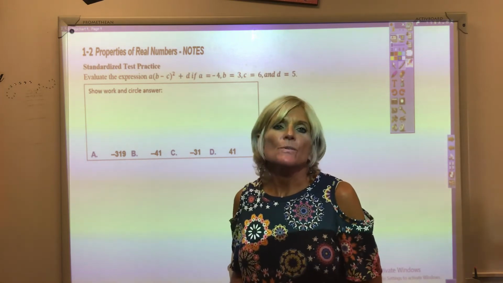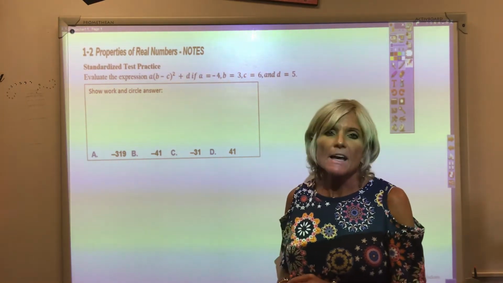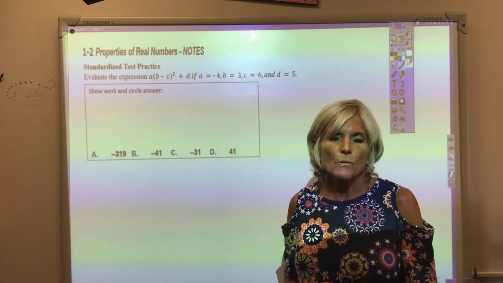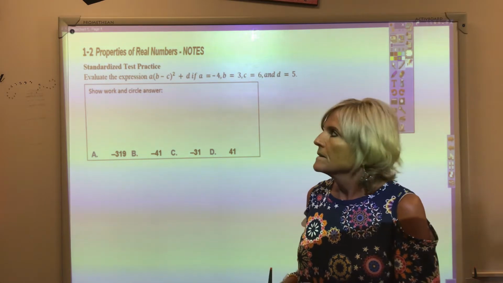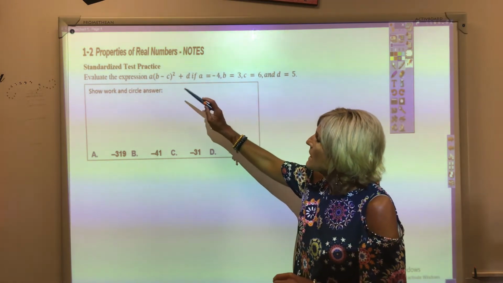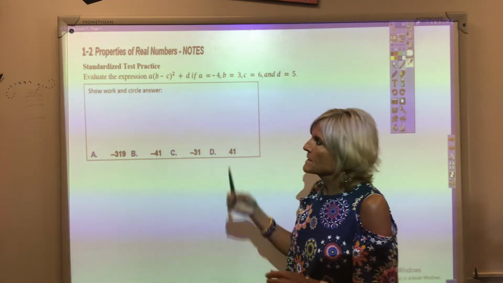What we're going to do is evaluate an expression. That expression is A times the difference of B and C quantity squared plus D. So what we do is we start with replacing the letters in the expression with the numbers associated with these.